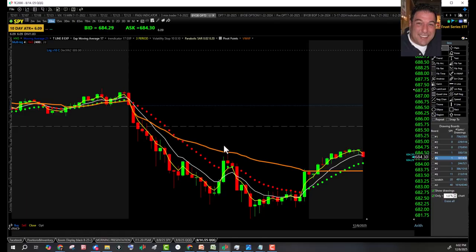So for me, VWAP represents the price that shares should be selling for. If you were to go down to Main Street and you wanted a share of something, let's call it S&P 500, this is the average price. This is what the shares should be selling for, but they're not.